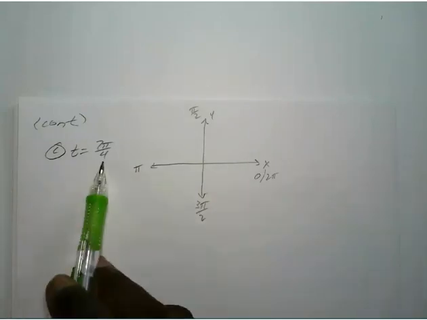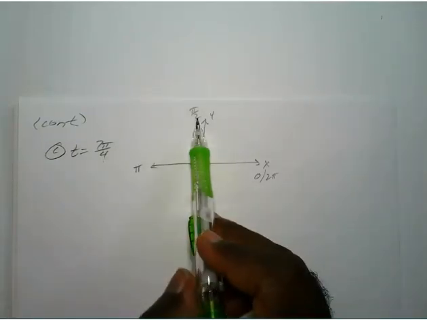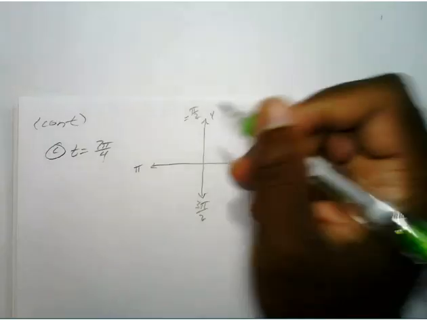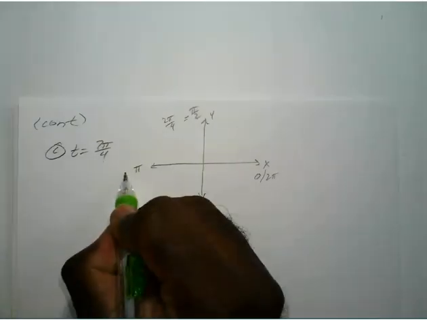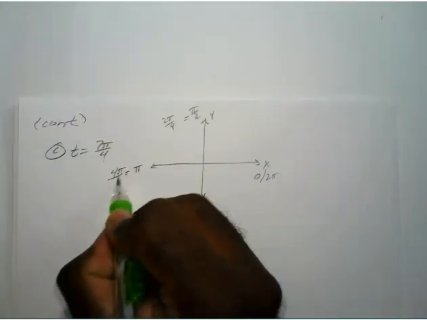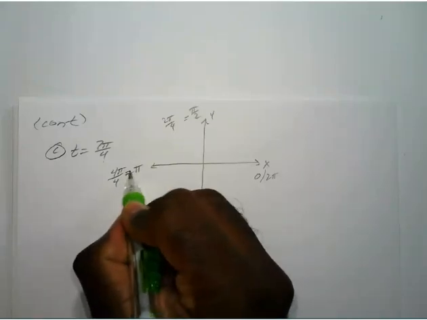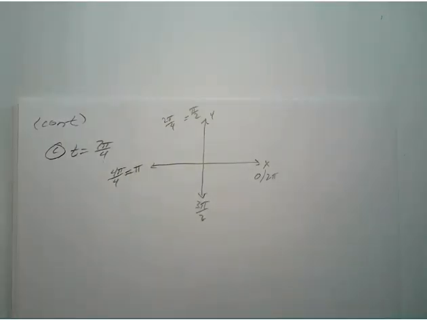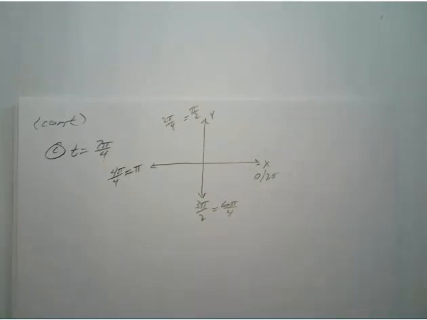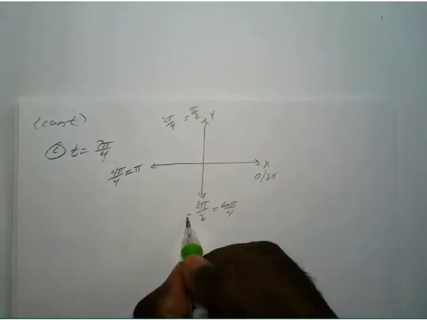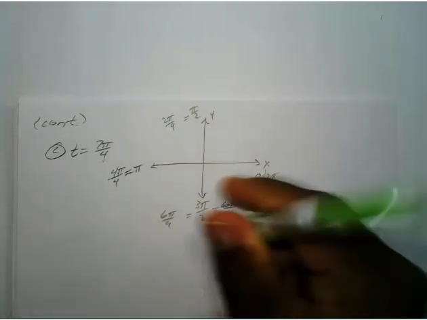Okay, so since our denominator is 4, pi over 2, we multiply that by 2 over 2, that just makes that 2 pi over 4. Okay, and pi, that makes that 4 pi over 4. Okay, that makes this 6 pi over 4, just to get those matching denominators there. Okay, so we're looking for 7 pi over 4, so we see that 6 pi over 4.